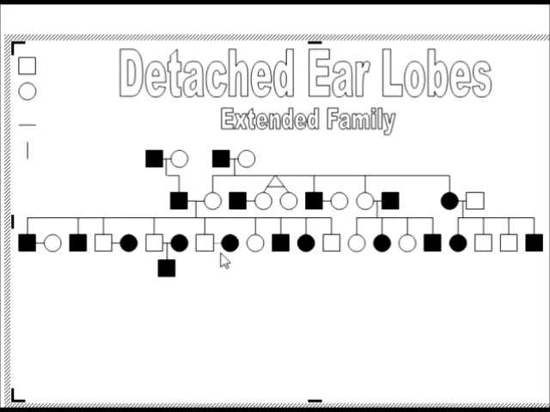So based on this, I can predict that, because with an autosomal dominant trait you're equally as likely to inherit it or not to inherit it, my children have an equally likely chance of having detached or attached earlobes. So what I can almost count on is that half of my sons and half of my daughters will have detached earlobes if the statistics work out. Obviously it doesn't work out that perfectly all the time.